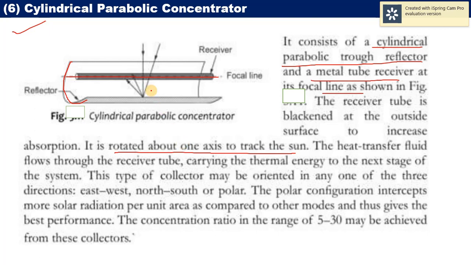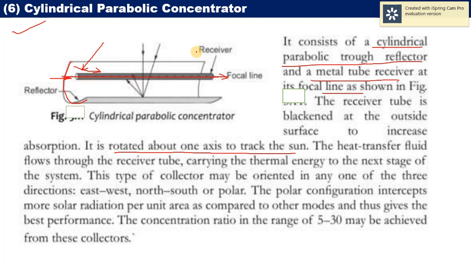Whatever sun rays are incident on the cylindrical parabolic concentrator are reflected onto this focal line, where the working fluid is flowing. It receives the heat energy from the solar radiation, and the fluid gets heated. So this is the working of the cylindrical parabolic concentrator.